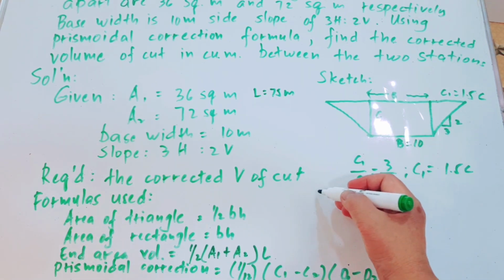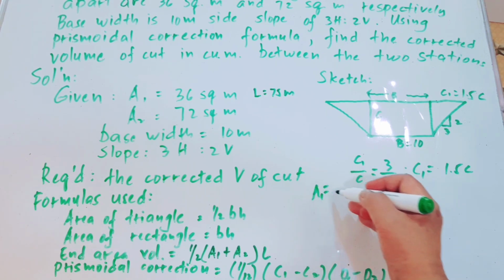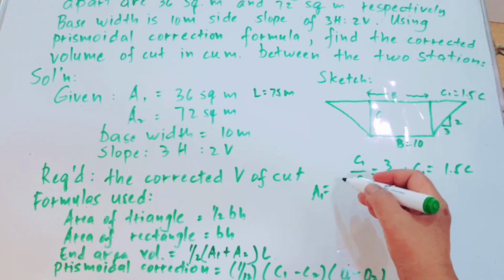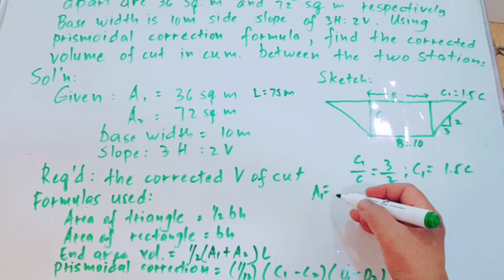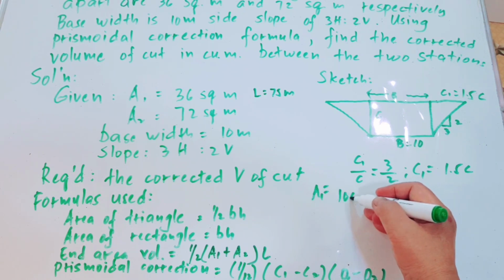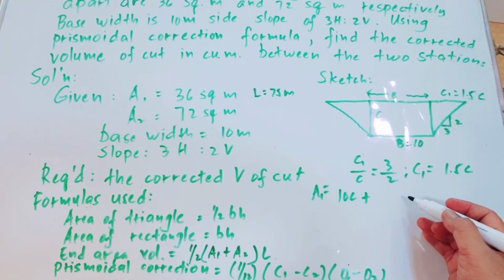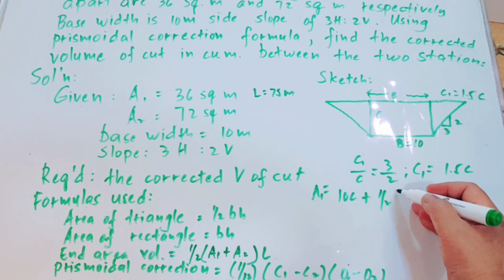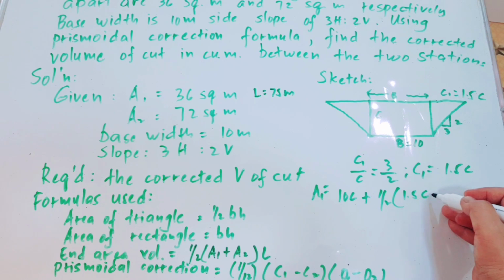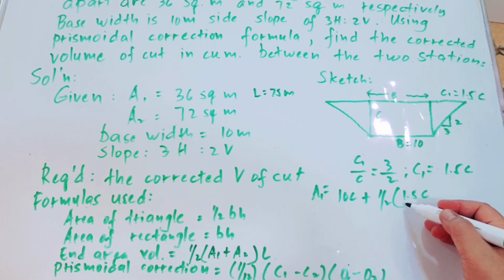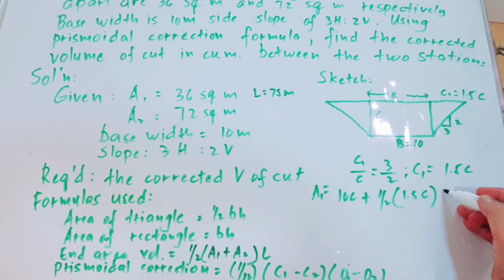Therefore, area 1 is equal to the base times C, which is 10C, plus the triangle, which is 1/2 times C1, 1.5 C, times C, and the 2 and 2 cancel.